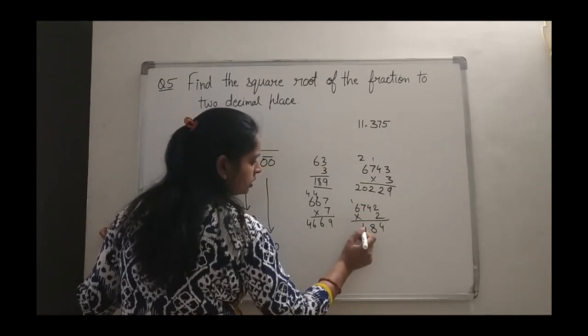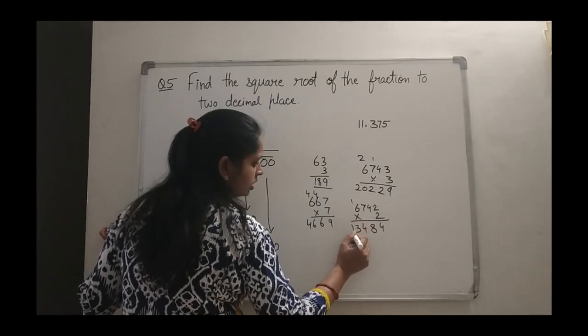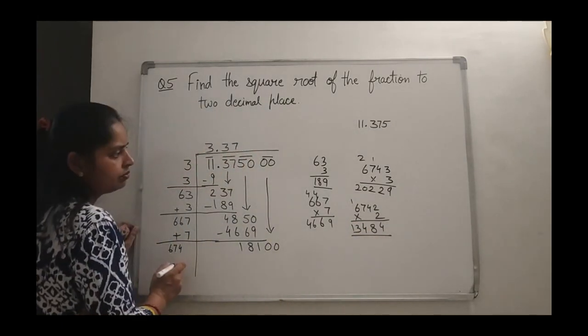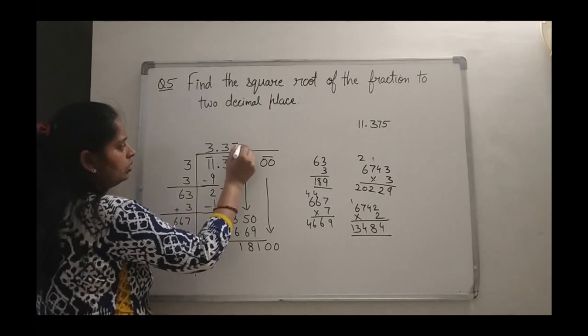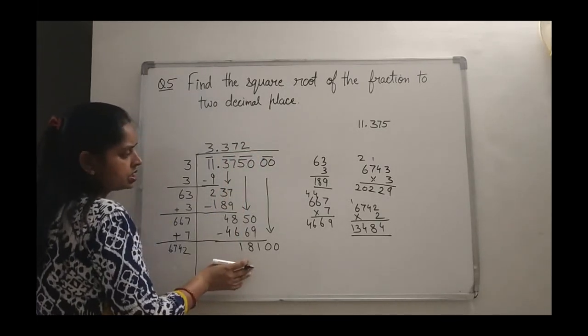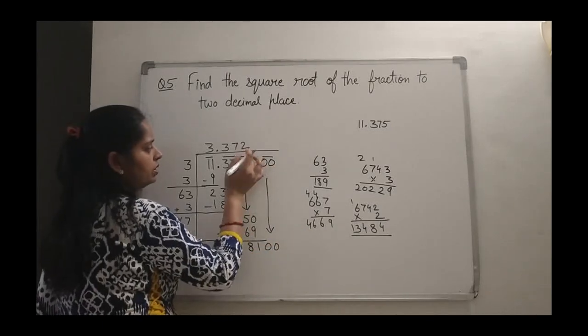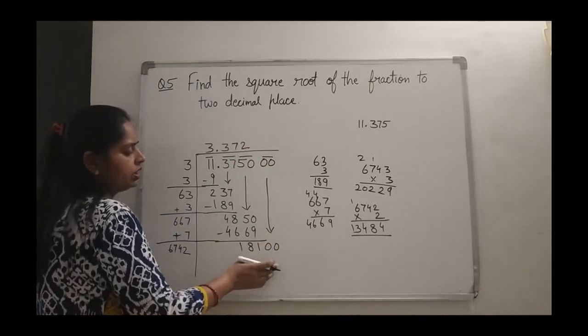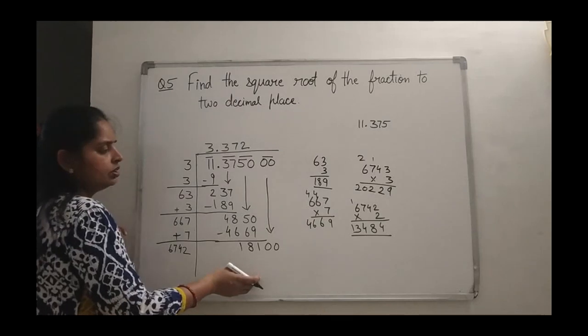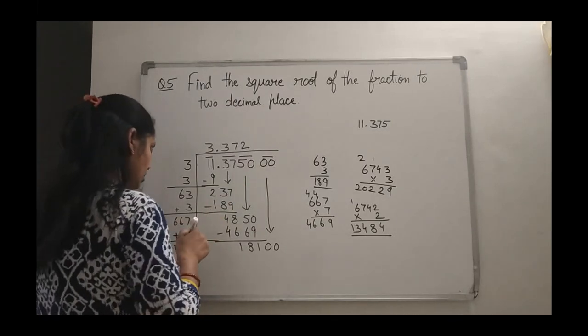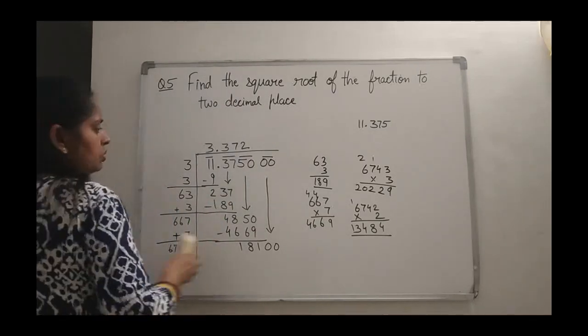And 6 2s is 12 plus 1, 13. So we got 2 here. You can write the number here or you can leave it, because we have just checked what number we are getting. After subtraction the numbers are also not the same, so the process is going on. This decimal part is not going to end.